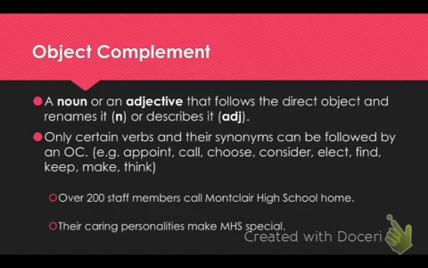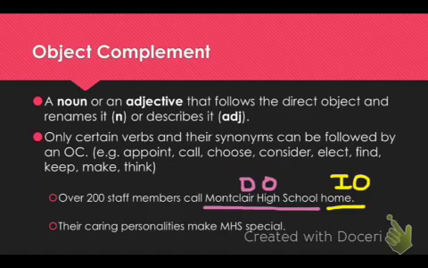To look at an object complement in a sentence, let's look at these two examples here. Over 200 staff members call Montclair High School home. In this sentence, Montclair High School is the direct object. Home is the object complement.